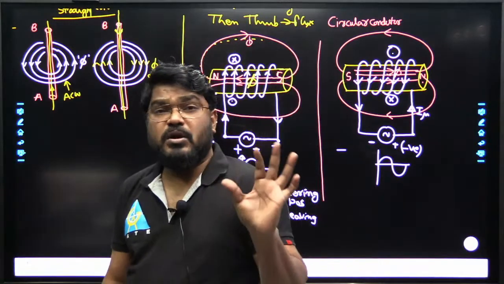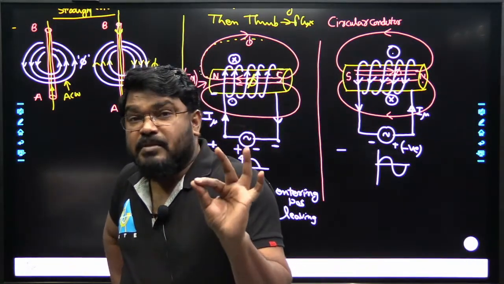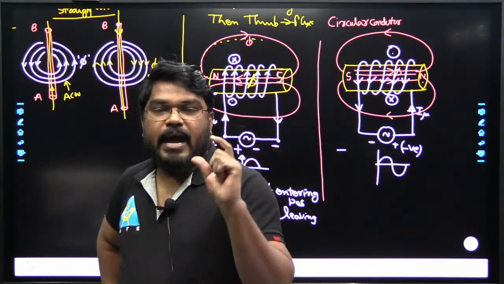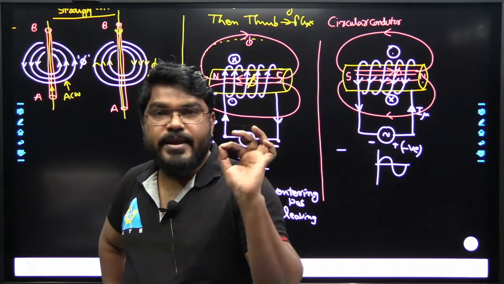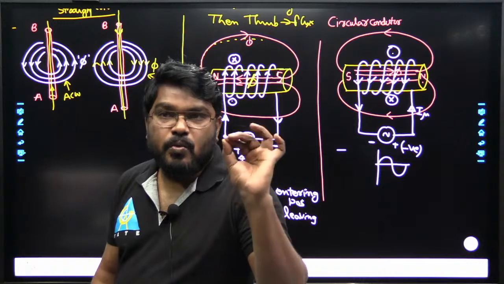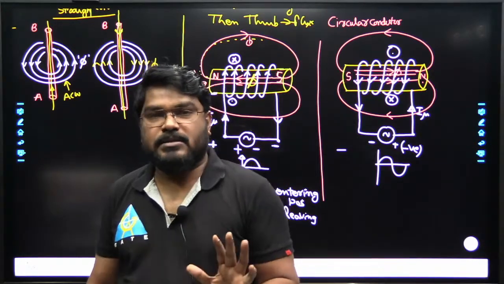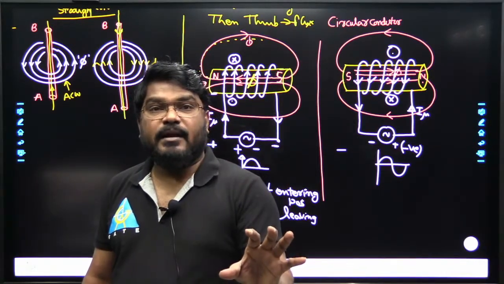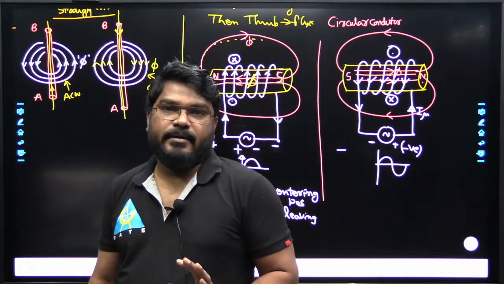Very simple, don't get confused. The purpose of the right hand thumb rule is to find out the direction of the flux, in case of the straight conductor as well as the circular conductor.